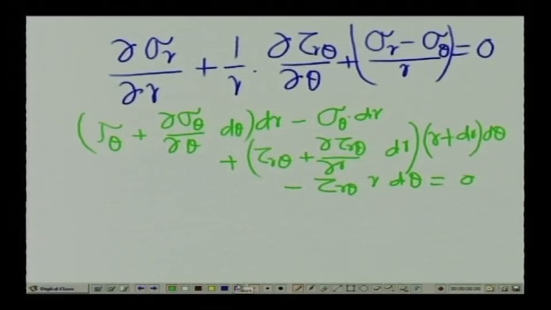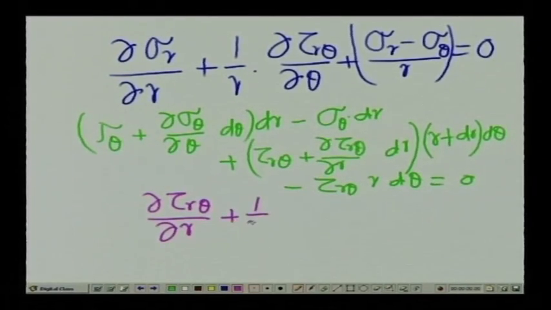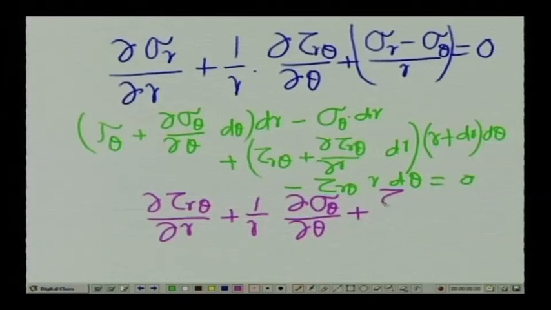and this gives us the expression, finally after simplification, as del tau r theta del r plus 1 by r del sigma theta del theta plus tau r theta by r equals 0.